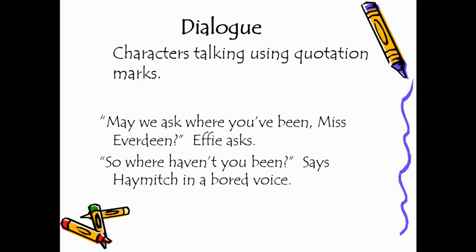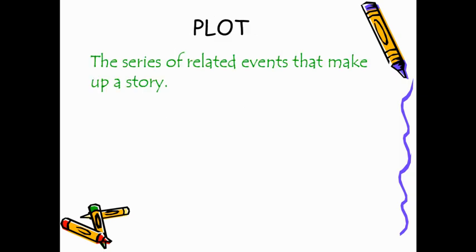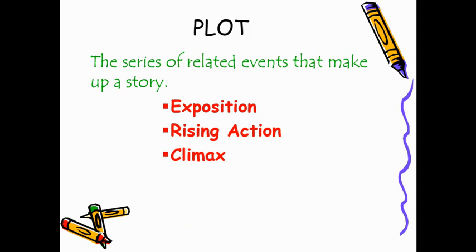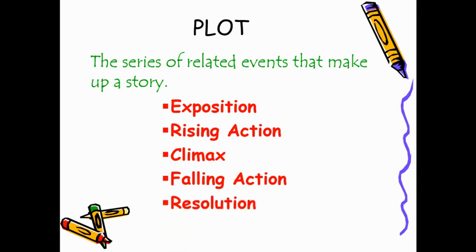Very simple. The last thing we're going to be focusing on today is plot. Plot is a series of related events that make up the story. And I'm sure you can all remember Freytag's pyramid. In it you have your exposition, rising action, climax. Have a guess what the next one is? Well done. Falling action. And the last part is your, well done, resolution.